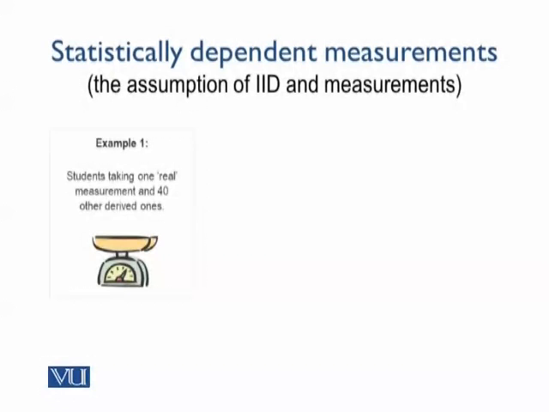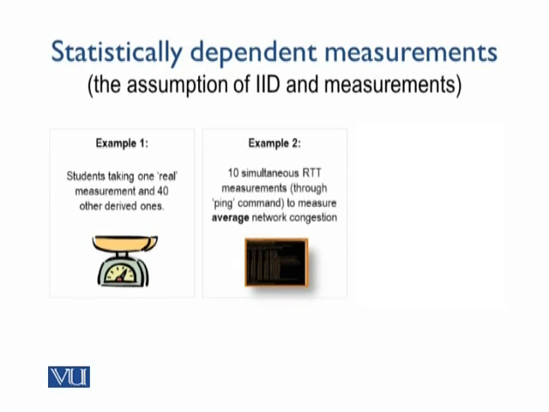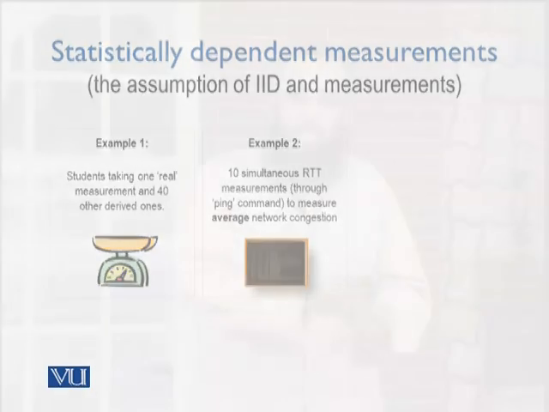We can think of other examples in which we have the problem of statistically dependent sample items. Another example that we can consider is that we want to measure the average network congestion, and for that we make use of the ping command and we take measurements of the round trip times. But if we do all these measurements at the same time, the chances are that the readings would be correlated, because if network congestion comes, it would persist for some while.